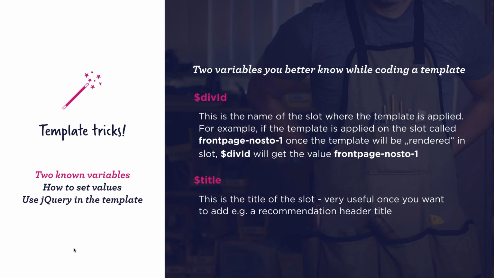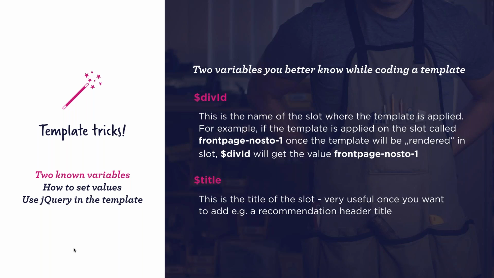So if I want to create a CSS which is only for the slots where it's applied, I will just write #div ID and then my CSS classes, so that if these classes are also somewhere else along the website, the template CSS is not going to affect the other classes, because we have isolated them within a certain div ID.